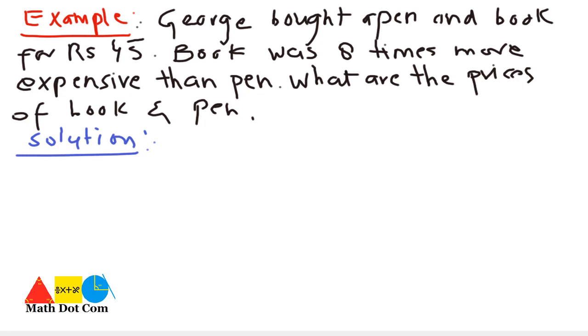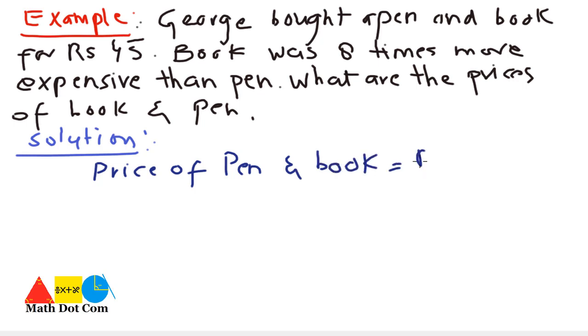First we will see what is given and what is unknown. George bought a pen and book for rupees 45. It means that the price of pen and book together is equal to rupees 45, and this is the given value.